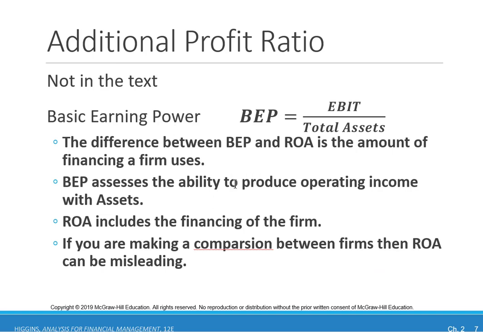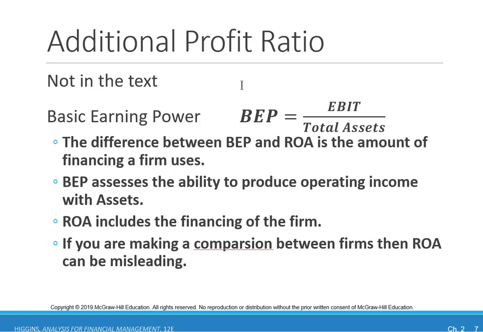This again is not in the textbook, and I was kind of alluding to this a second ago. There is a ratio that's called the basic earning power. Again, it's not in your textbook, but if you look at the difference between the basic earning power ratio and the return on asset ratio, the thing that's different is financing. So this is EBIT, earnings before interest and taxes.